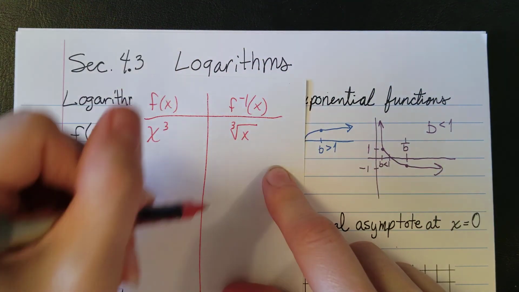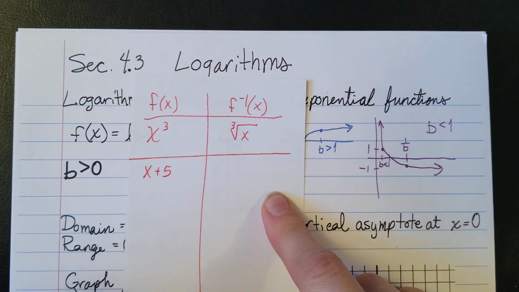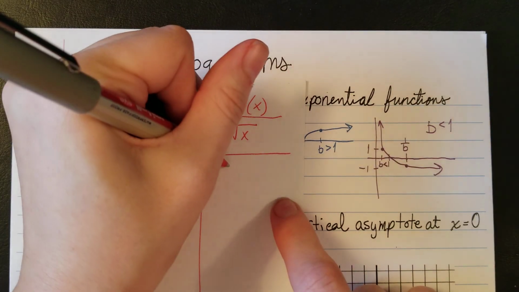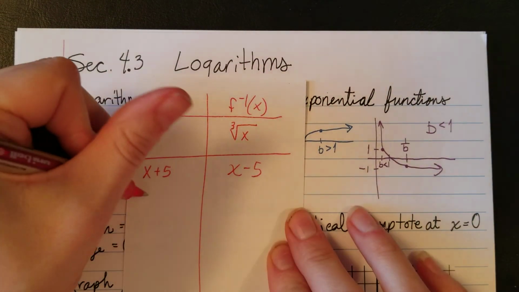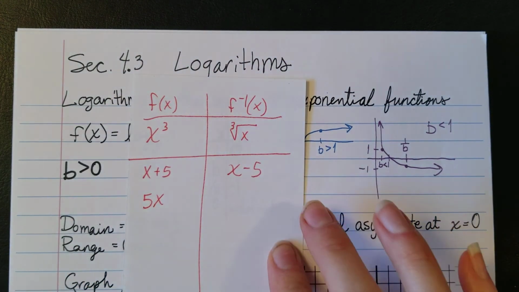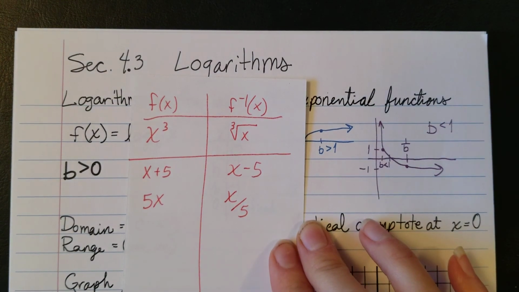And if you had x plus 5 as your function, then x minus 5 would be your inverse. If you had 5x as your function, then x divided by 5 would be your inverse function.